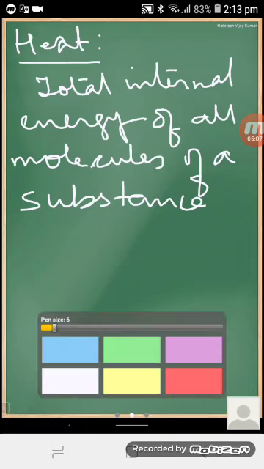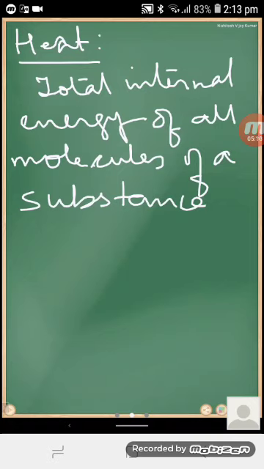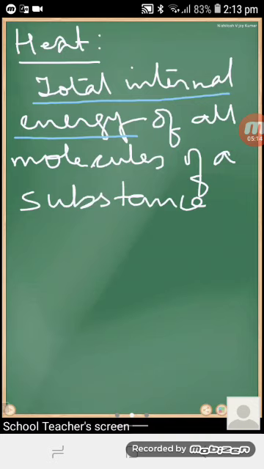The heat of a body is basically defined as the total internal energy of all the molecules of the substance.